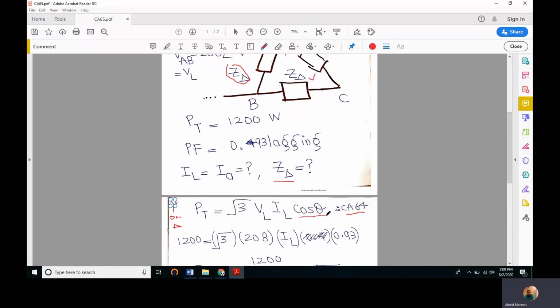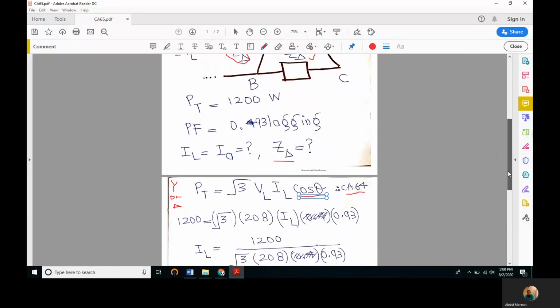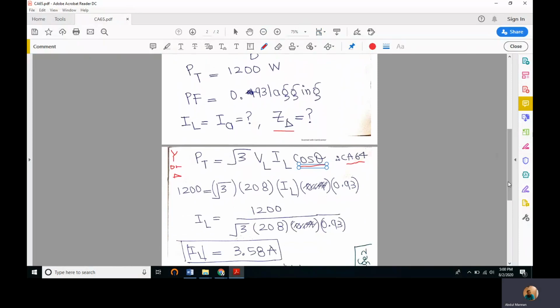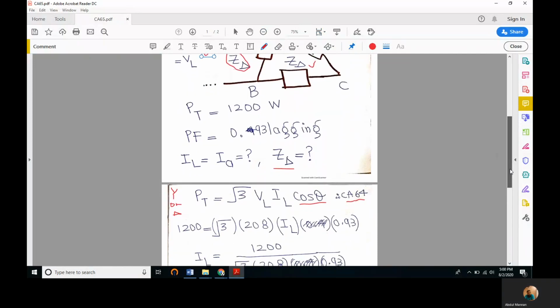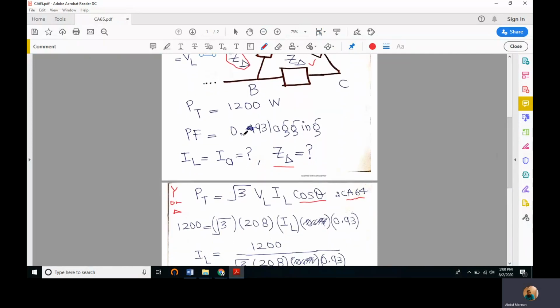Let's plug in the values that are given. The total power, the line voltage magnitude 208, and the power factor 0.93 lagging.